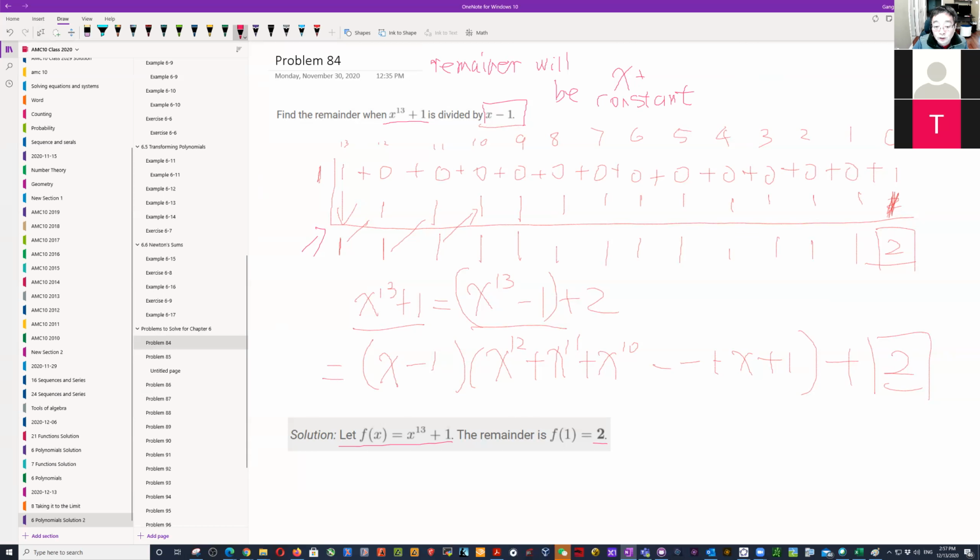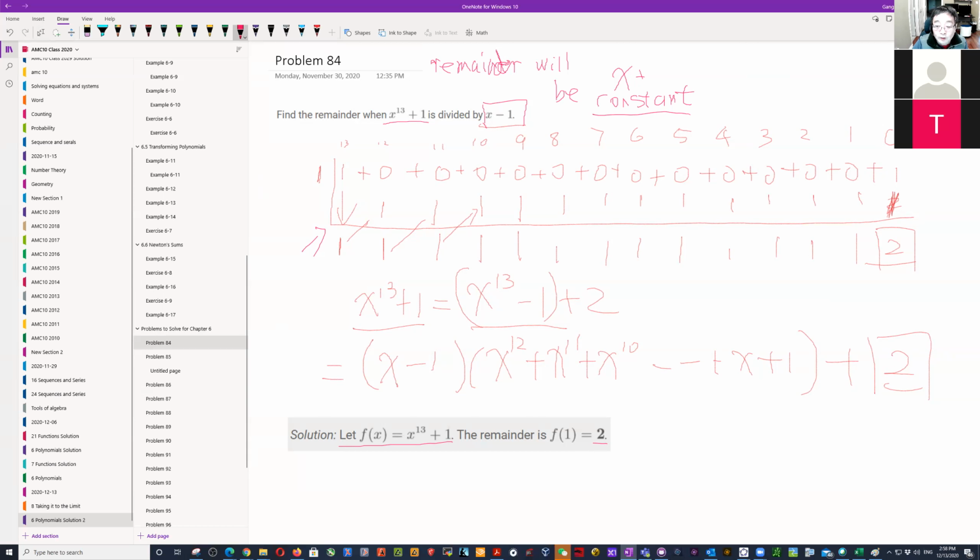So when you divide this polynomial by a linear polynomial, the remainder will be constant. That means you can fill in any convenient number to find it out.